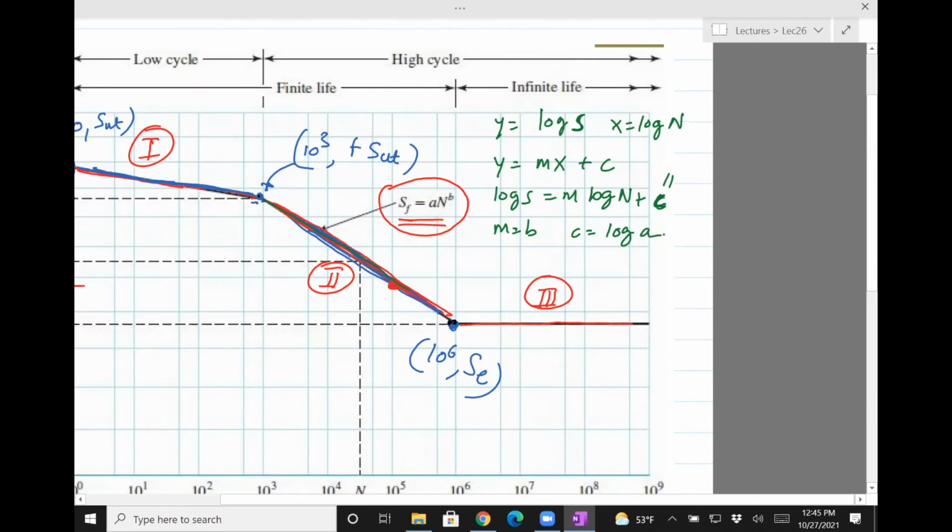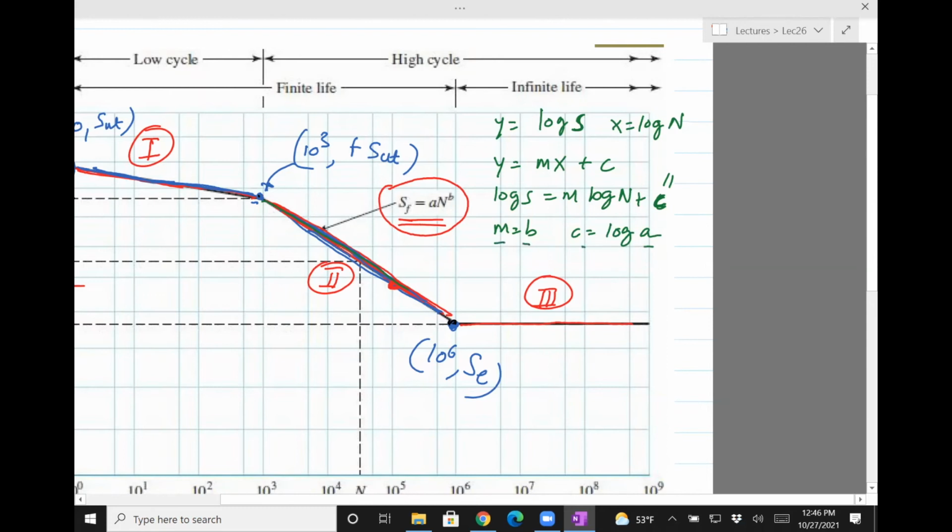So how do you get a? Well, you take the anti-log of both sides and you get anti-log of c is a. Okay, so don't worry too much about the anti-log. You don't have to remember how to find anti-log and things like that. I'm just trying to replace one constant with another one so that it matches this equation.